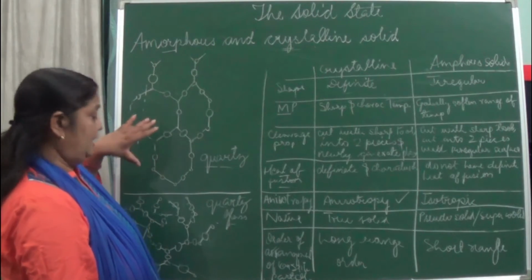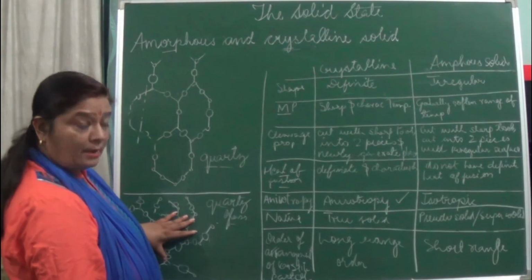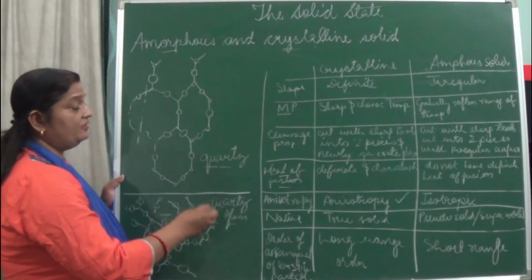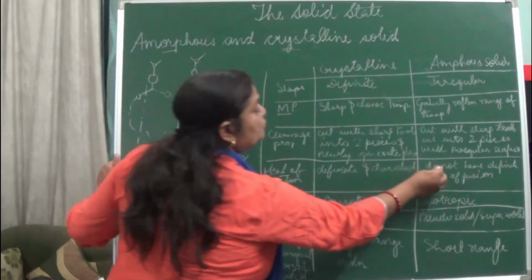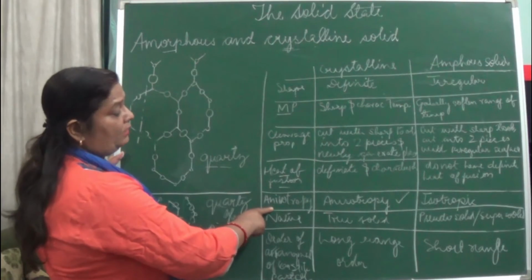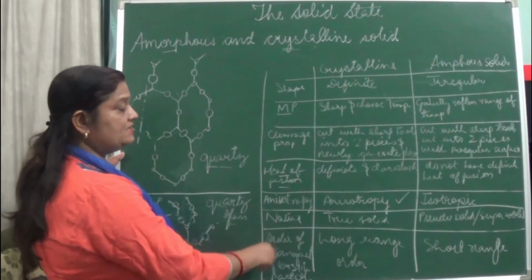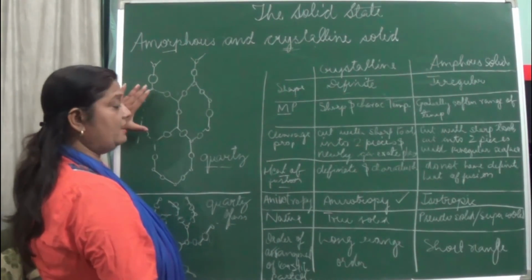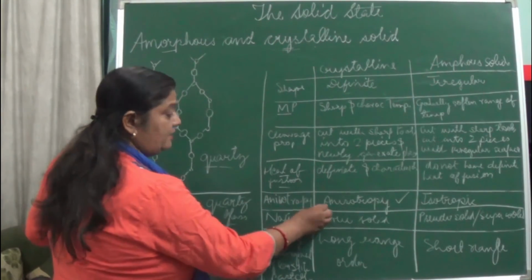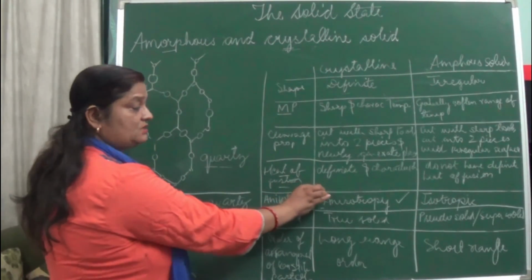But in amorphous solids, you will see that they do not have a definite heat of fusion. Now the next topic is anisotropy. In this you will see that crystalline solids are anisotropic in nature and amorphous solids are isotropic in nature. This topic we will study in detail after this, so just hold on to this topic.